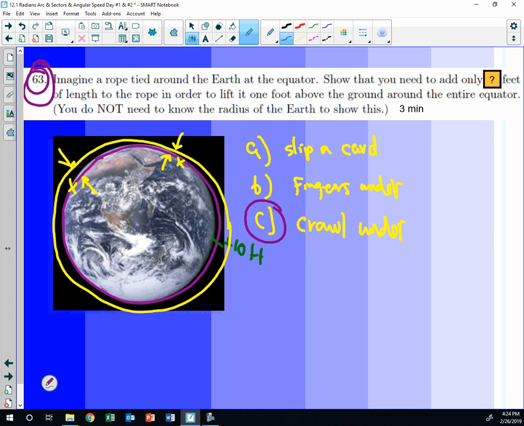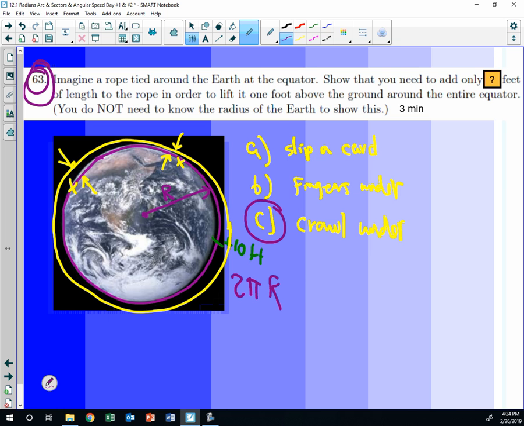And the reason it's the answer is that if you start with the circumference of the Earth, which is 2 pi, let's say the radius is r, okay? Capital R. That's the circumference of the Earth, then you're going to add 10 feet.